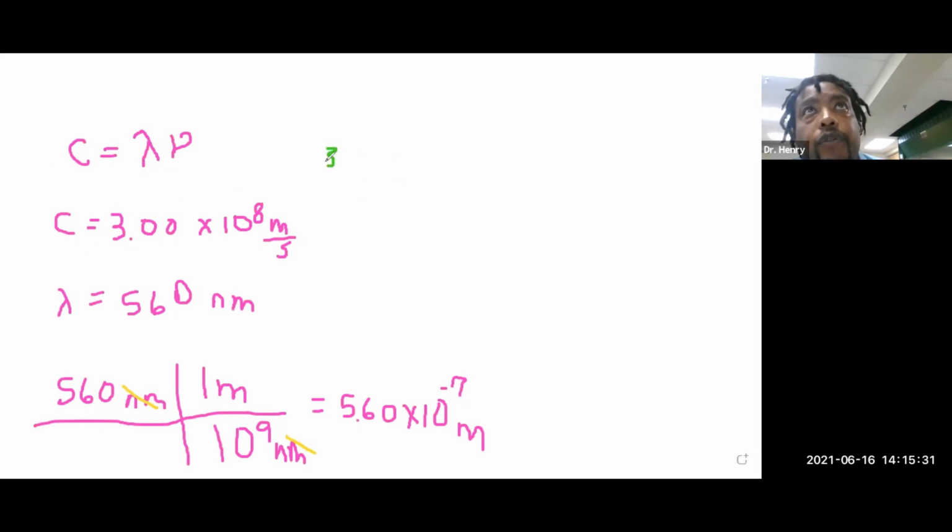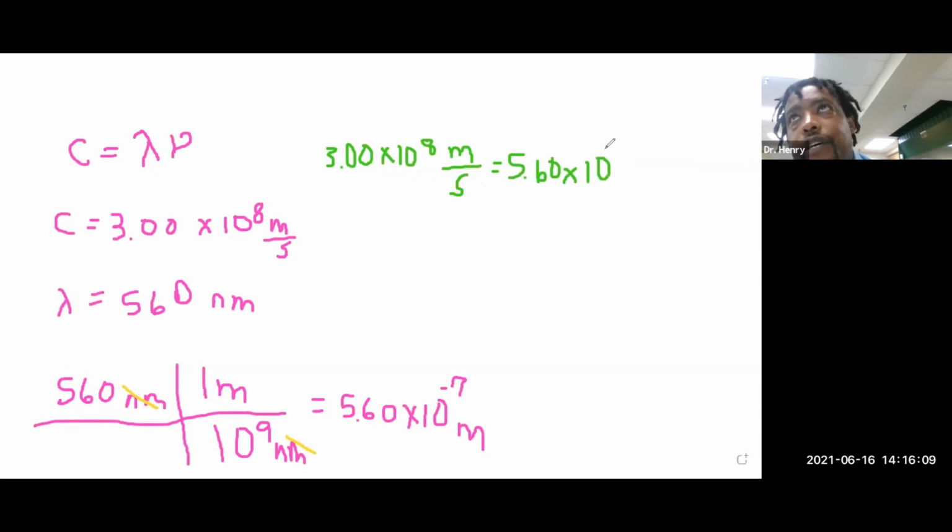So I have 3.00 times 10 to the 8th meters per second is going to equal 5.60 times 10 to the minus 7 meters, times nu.